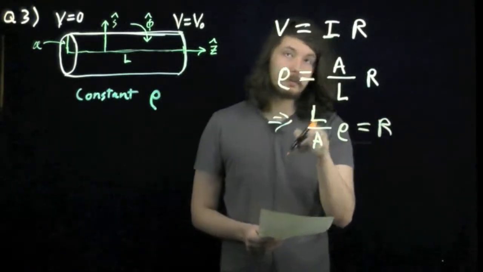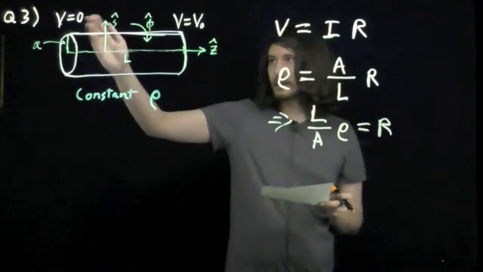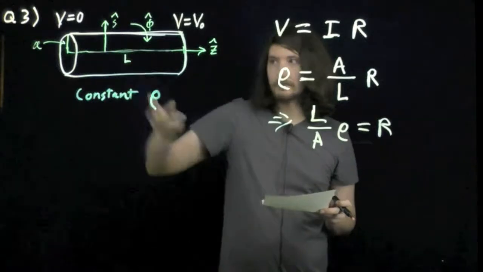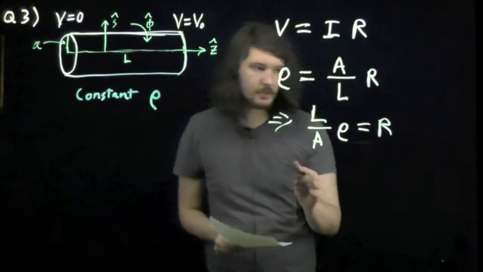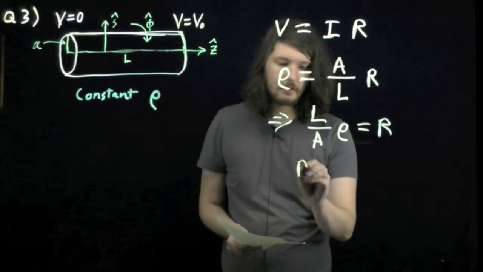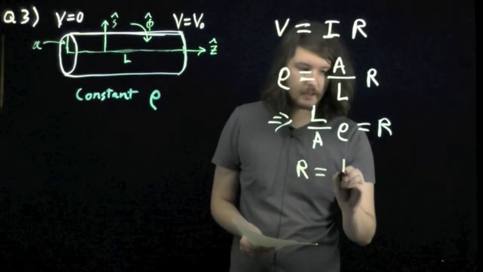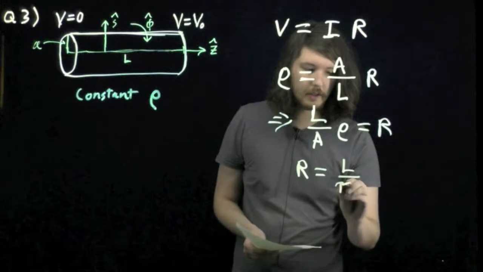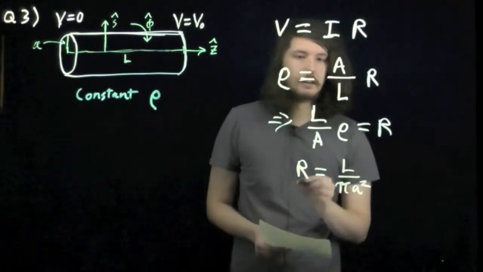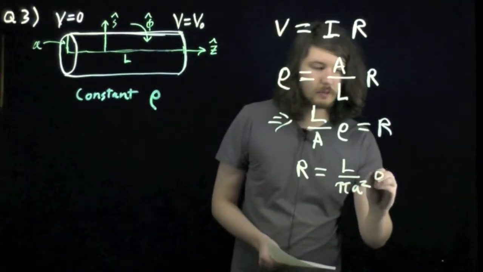But then on top of that, we also know that the cross-sectional area of this is pi a squared, since a is the radius. So R overall is just L over pi a squared times rho.